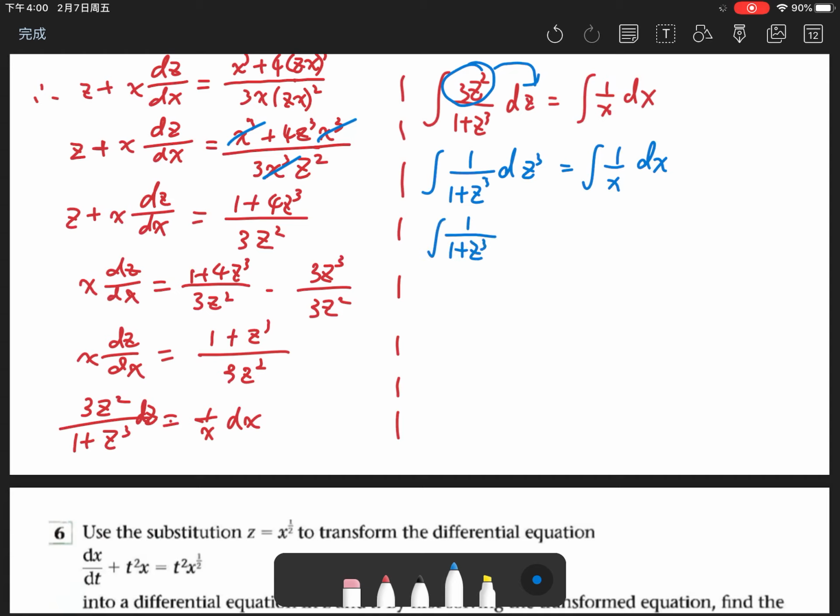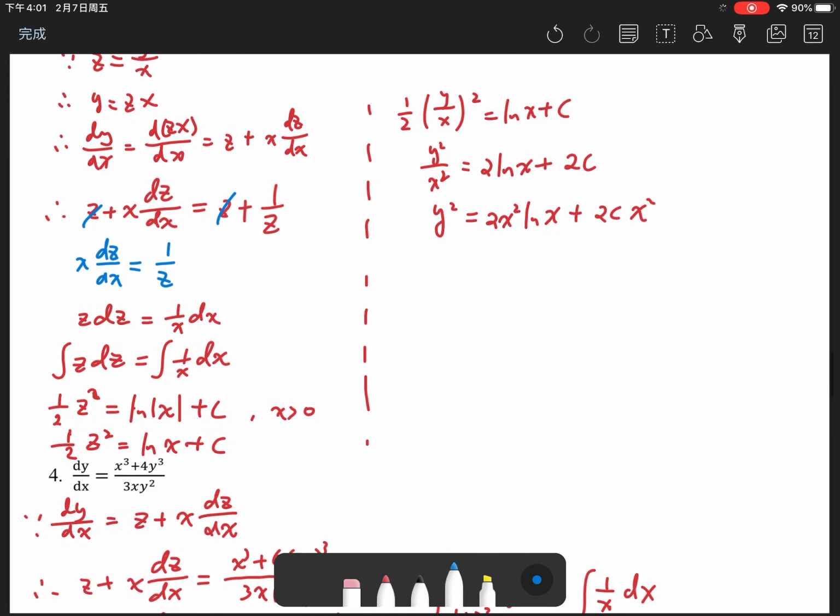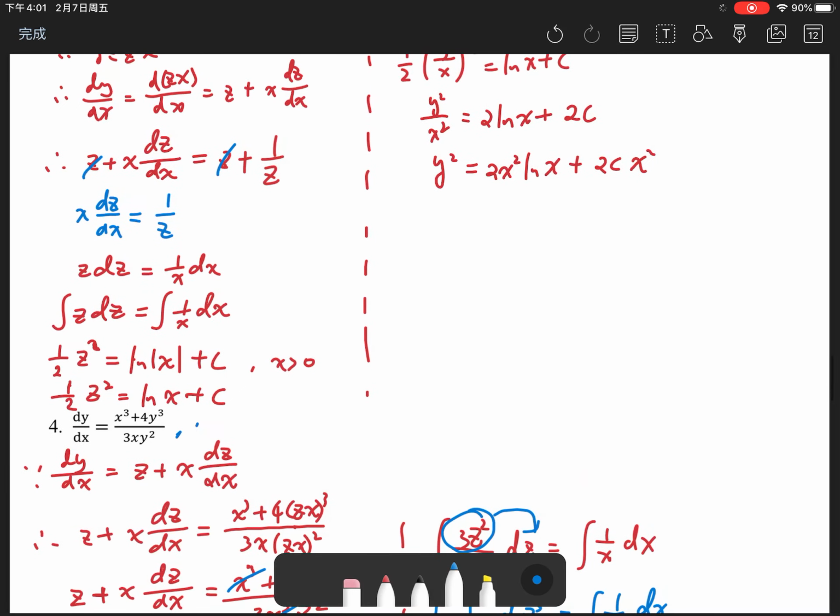We can also add 1 to z cubed, it is the same. Finally, it becomes ln absolute value of 1 plus z to the power of 3 equals ln absolute value of x plus constant c.